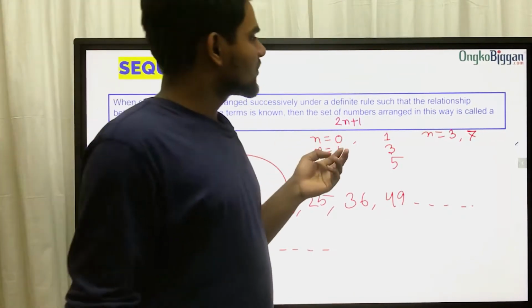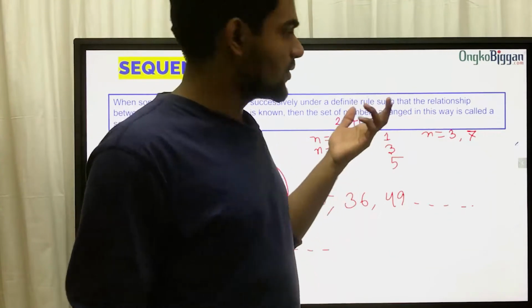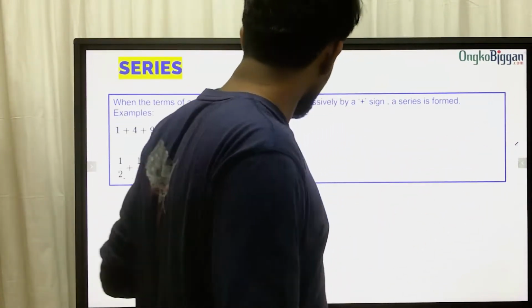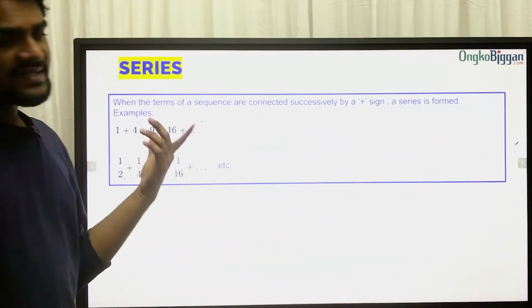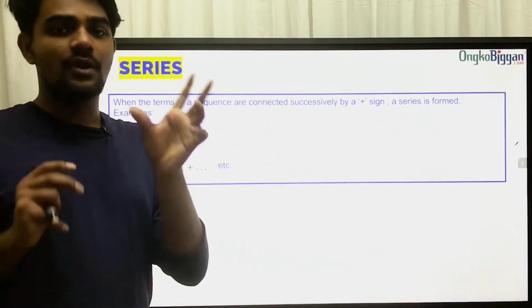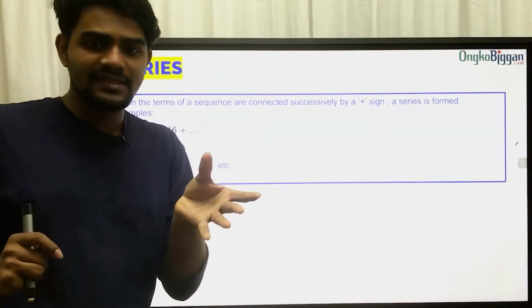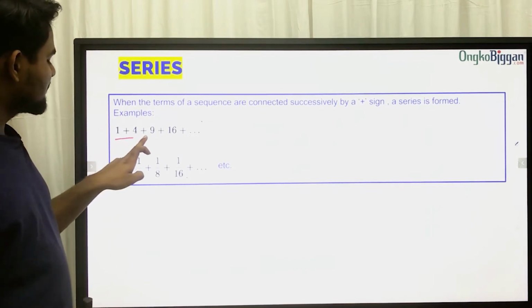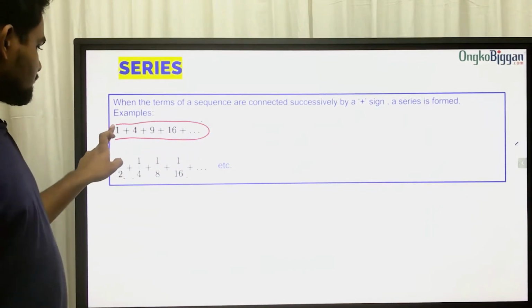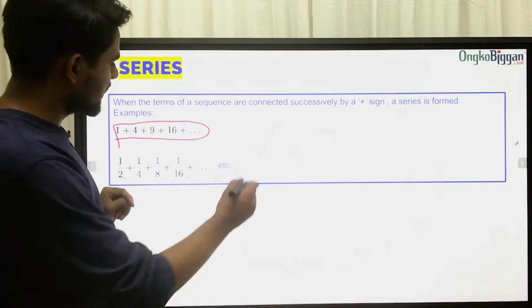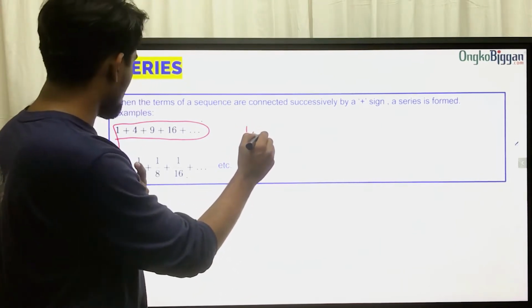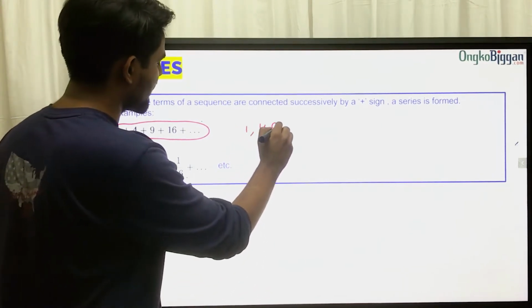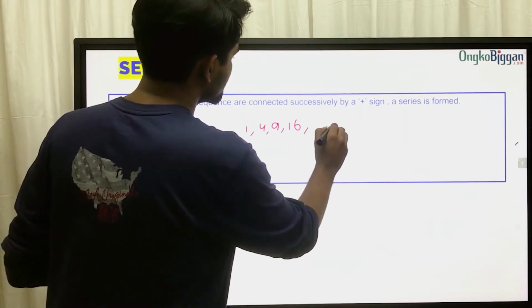Now that we have learned about sequence, we are going to learn about series. What is a series? If the consecutive terms of a sequence are added by a plus sign, we call it a series. For example, remember this sequence of square numbers: 1, 4, 9, 16.